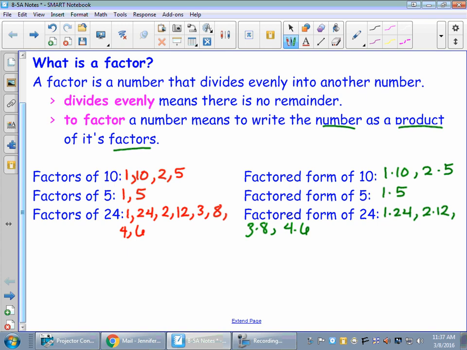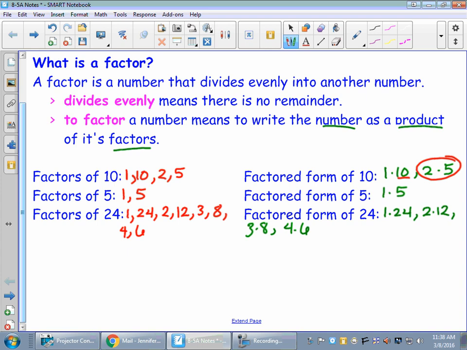Now there's this thing called prime factorization that says, I want you to write it as factors that don't have any more factors. For instance, when you look at 1 times 10, 10 has more factors, so technically speaking, the best choice is 2 times 5.